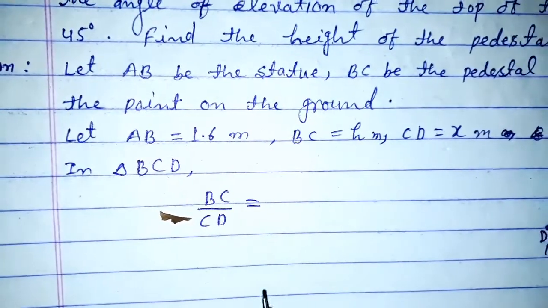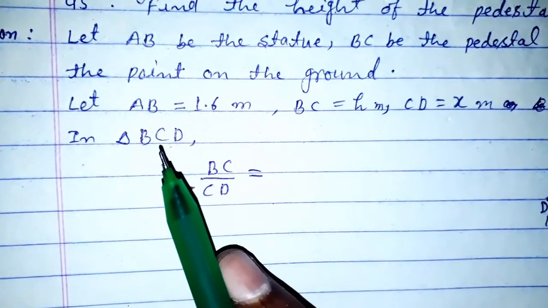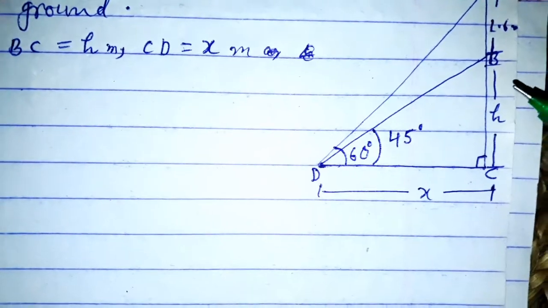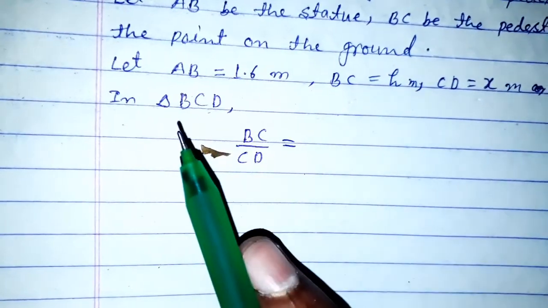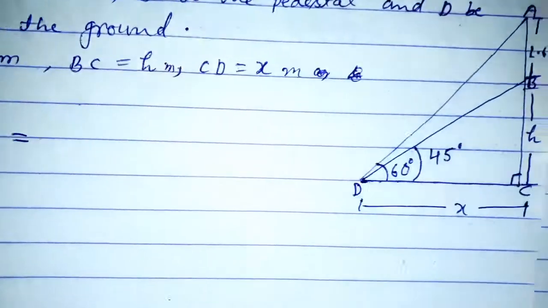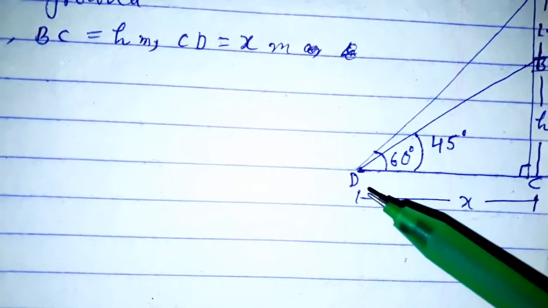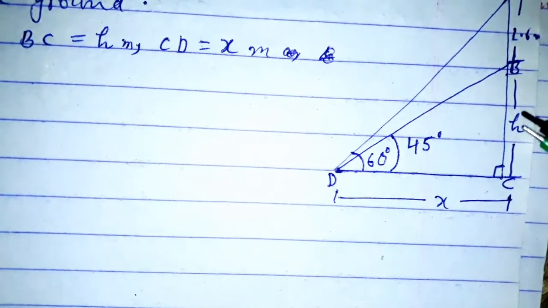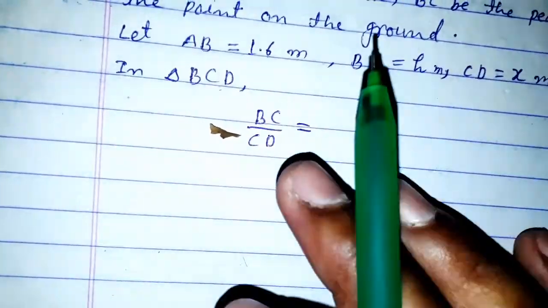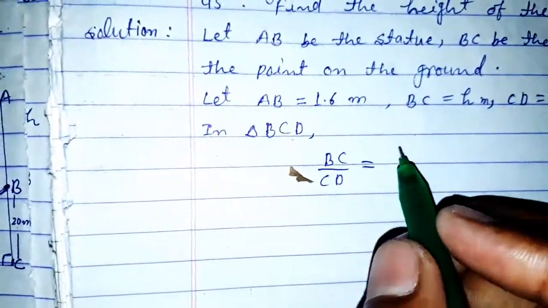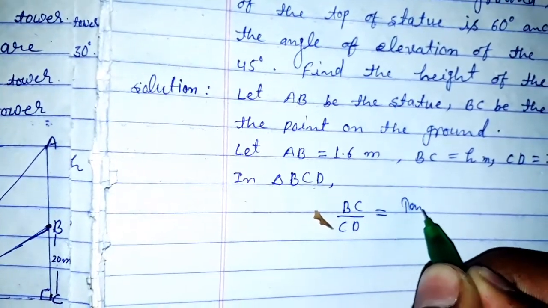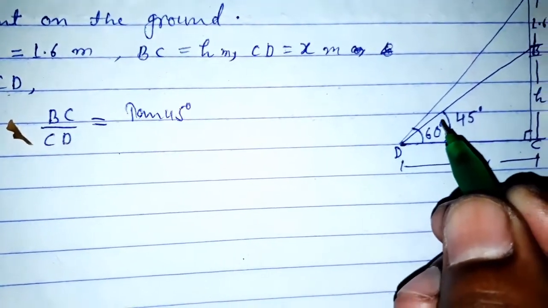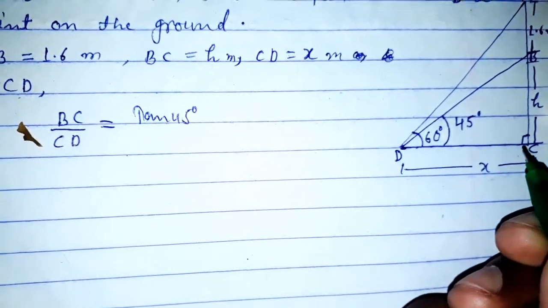Again, let this value be X and this be H. So take triangle BCD. The ratio BC upon CD is tan 45 degrees, because this angle is 45, with the opposite side and adjacent side to angle 45.